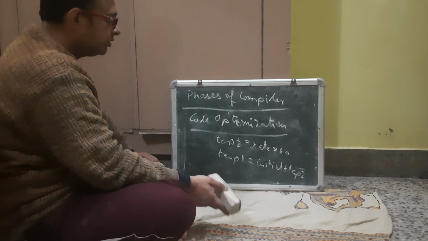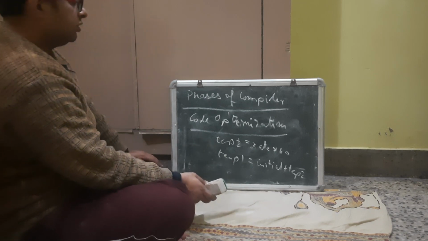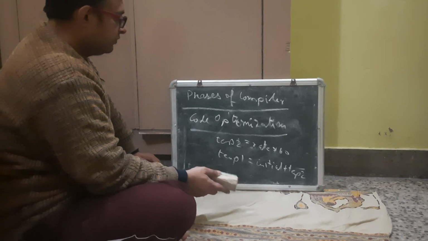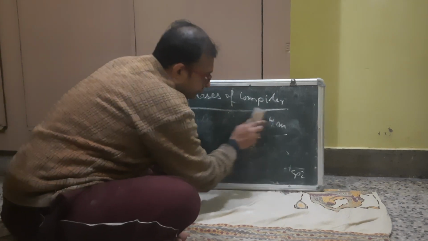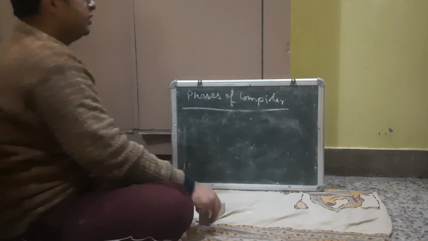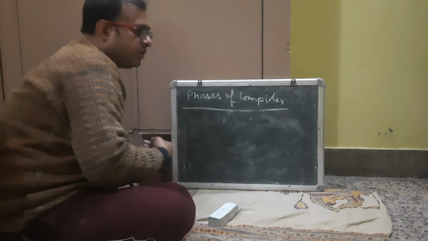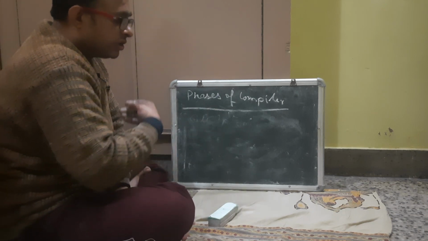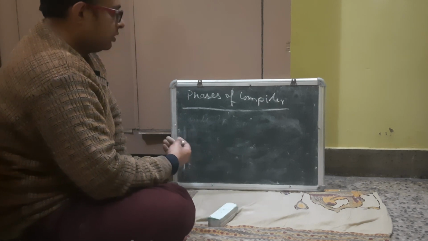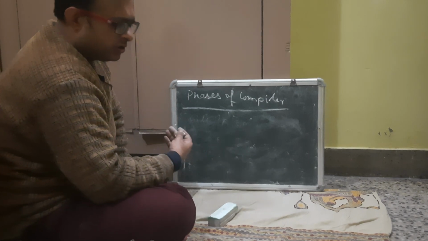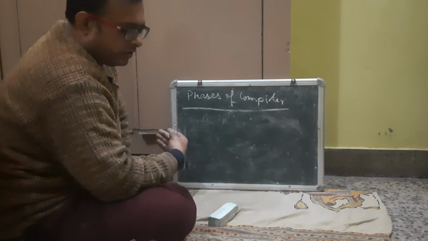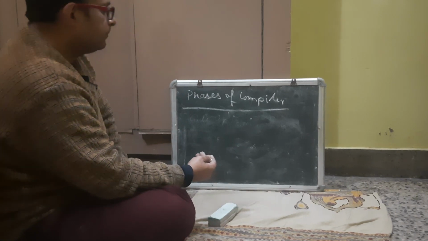Now after code optimization, the last phase is called the code generation phase, which is a machine dependent phase. In this phase we generate assembly language code, when we translate from a high level language to an assembly language.